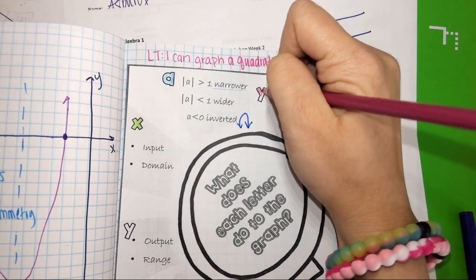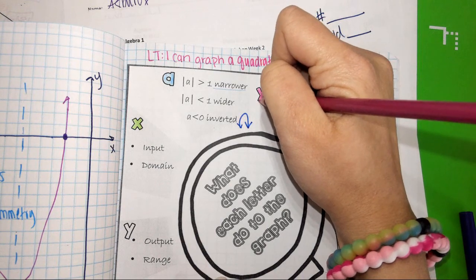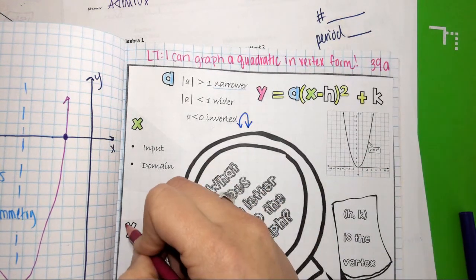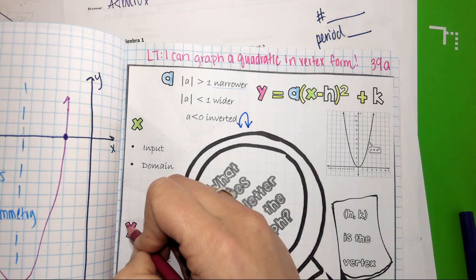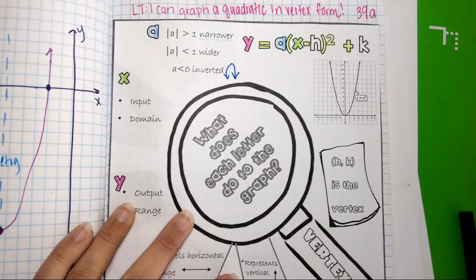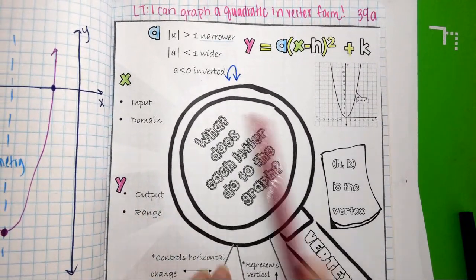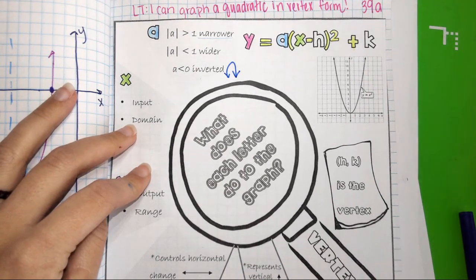Output or your range. Take another point. And X and Y are the coordinates. It's what we plug in and what we get out. So what we're doing is we're going through and finding out what does each letter do to the graph.